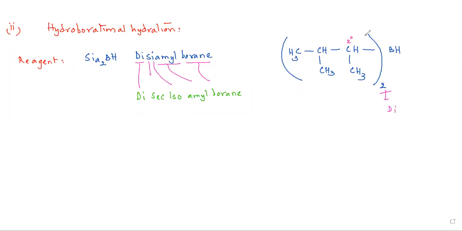Now this is a secondary carbon, and this area is iso. Overall, it's pentyl. Pentyl is also known as amyl, and finally, it's borane. That's it.